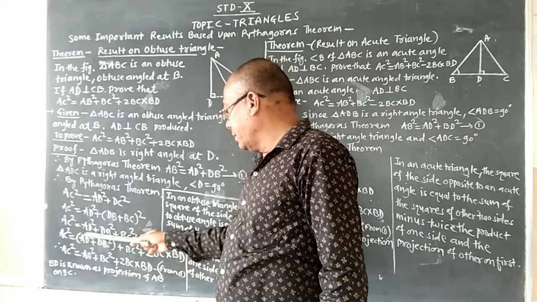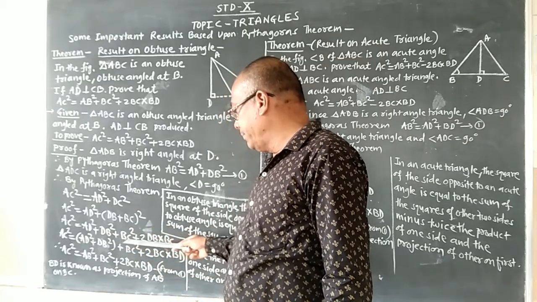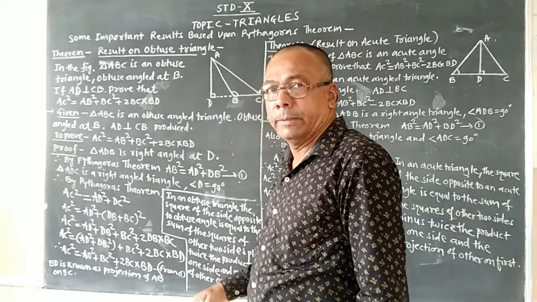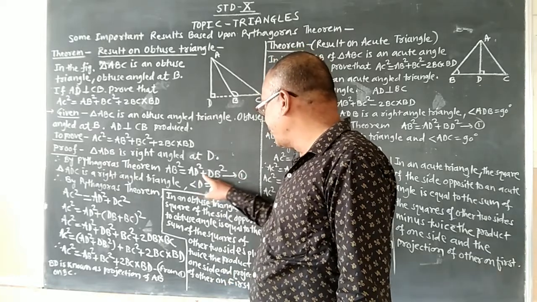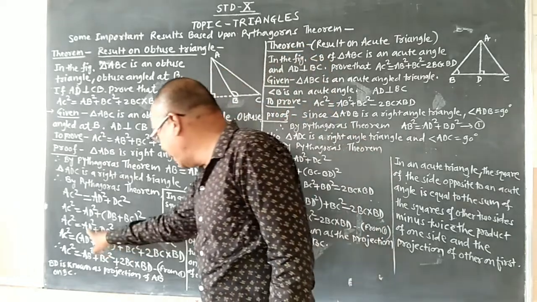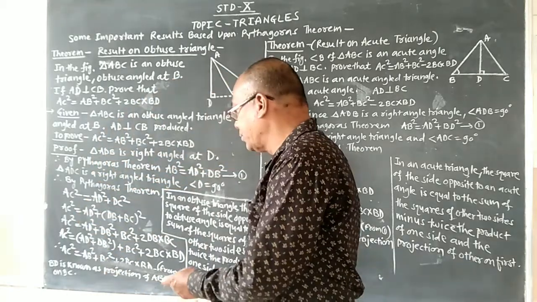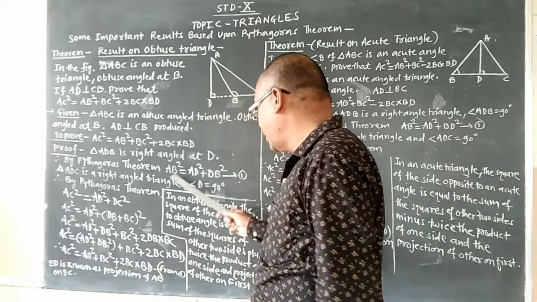So AC square is equal to AD square plus DB square plus BC square plus 2DB into BC. And now from equation 1, AD square plus DB square we have to combine, so that we can substitute the value of this bracket, that is AD square plus DB square is equal to AB square.